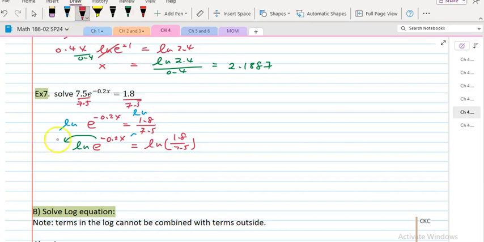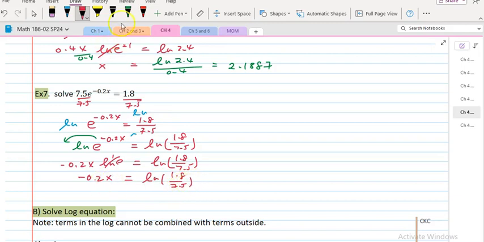This would equal negative 0.2x ln e, which is equal to 1, is equal to ln 1.8 over 7.5. So negative 0.2x is equal to ln 1.8 over 7.5.